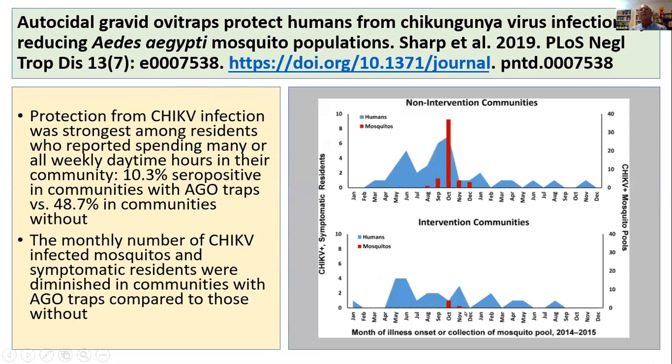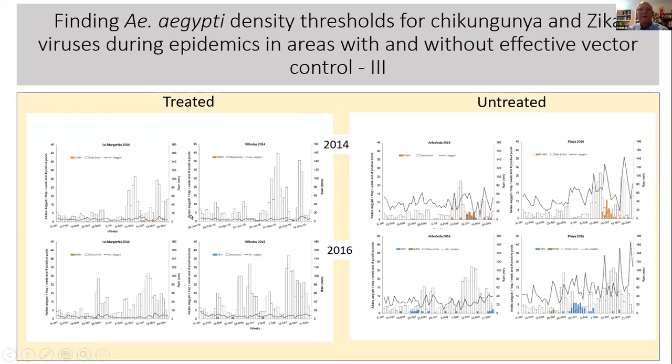And so we also were able to get some human samples, and we found that 10% of the residents who spent most of the time in the treated neighborhoods had antibodies against chikungunya, compared to 50% in communities that did not have treatment. So there's some evidence that there is a protection factor when you lower the density to the point that we were able.